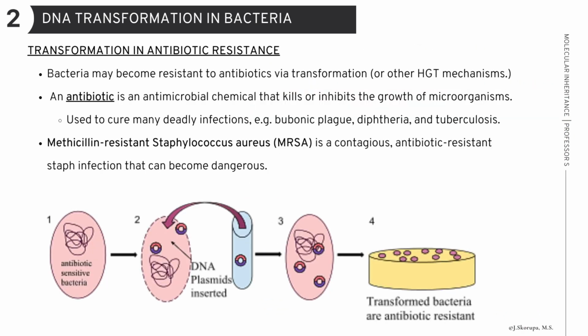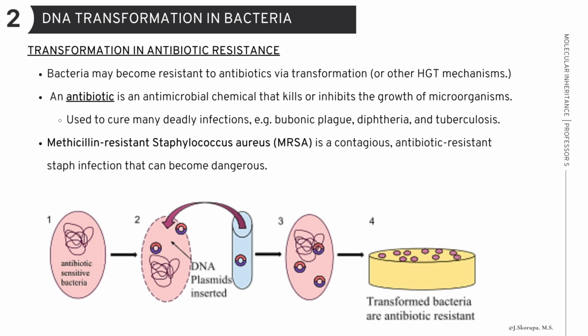And I'm sure you've all heard of antibiotic resistance, where bacteria may become resistant to antibiotic treatments. This also can occur via transformation or other horizontal gene transfer, HGT, mechanisms, which I will mention in the next slide. An antibiotic is an antimicrobial chemical that kills or inhibits the growth of microorganisms.